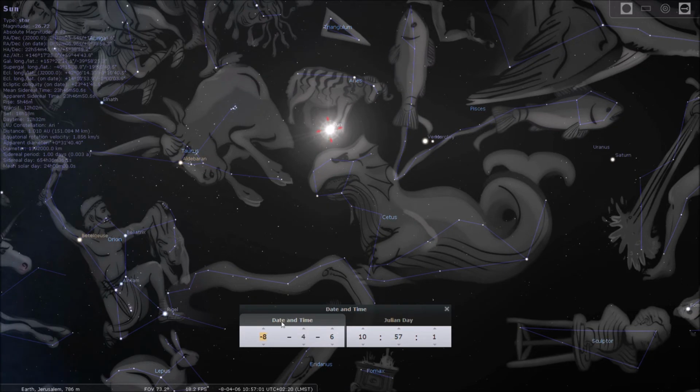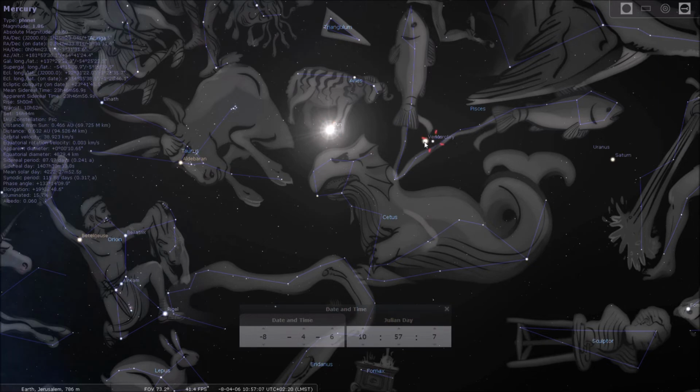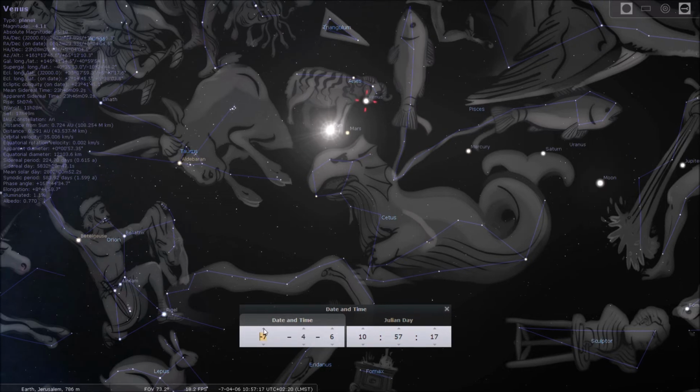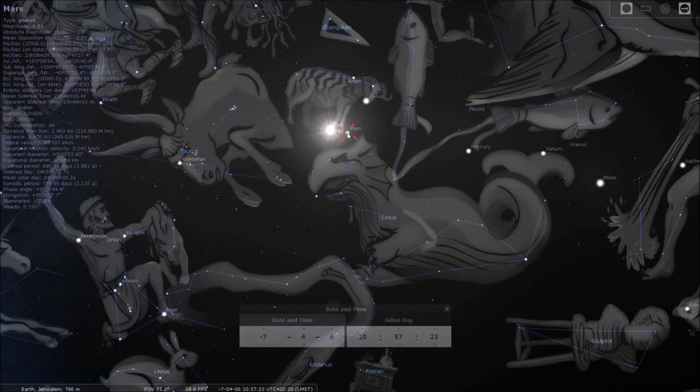And 9 BC, we have Mercury and Venus in conjunction there in Uranus, but nobody's around the sun. 8, well, here's something close. We have Mars and Venus right there in conjunction with the sun.